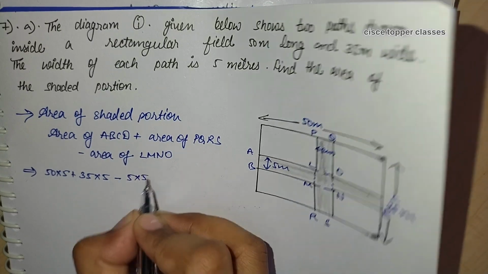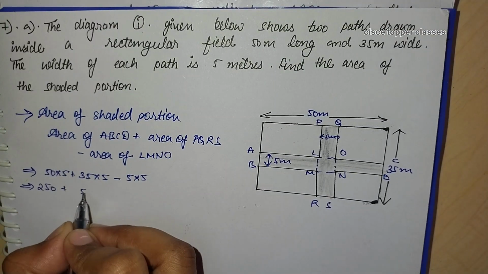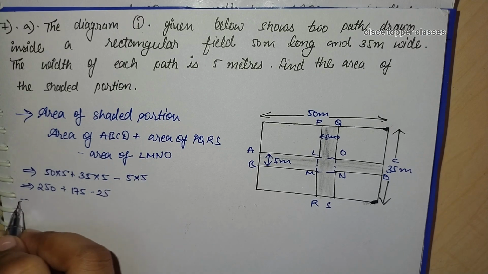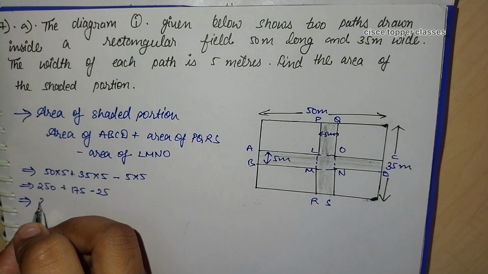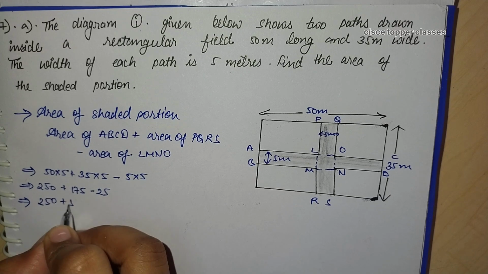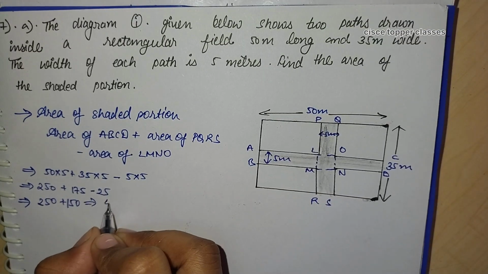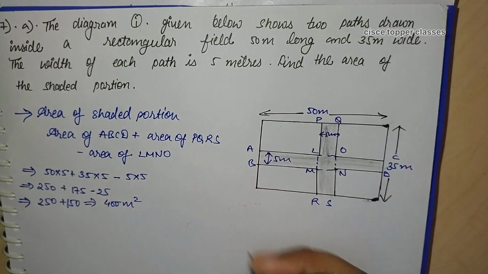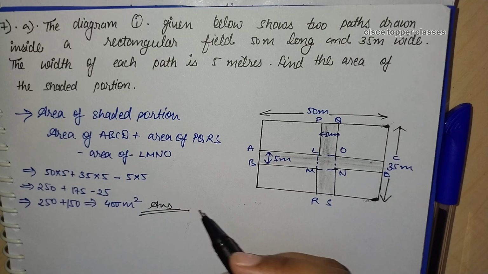So this will be 5 into 5 the area and we can write it as 250 plus 175 minus 25. So here it will be 250 plus 150 on subtracting 175 by 25 and the answer will be 400 meters square. Means this is the answer here in this question, seventh first part.